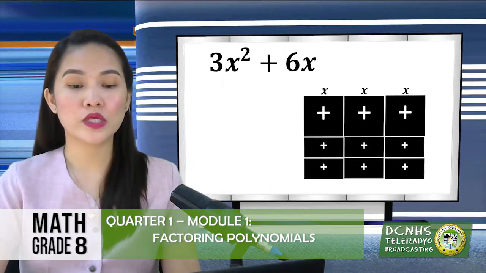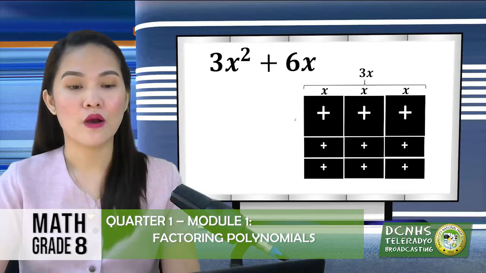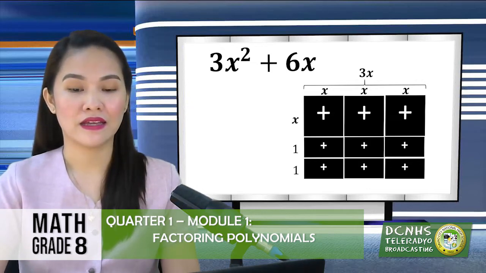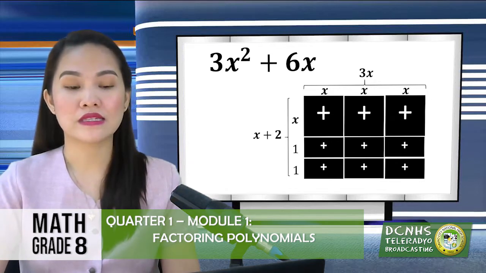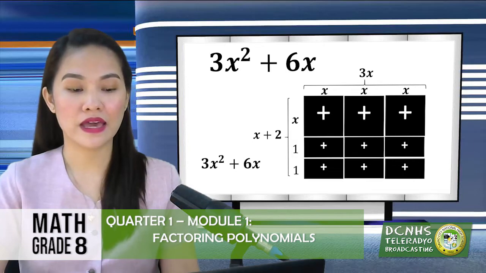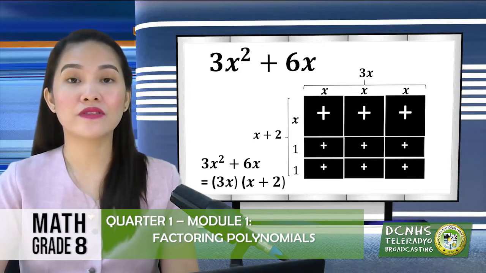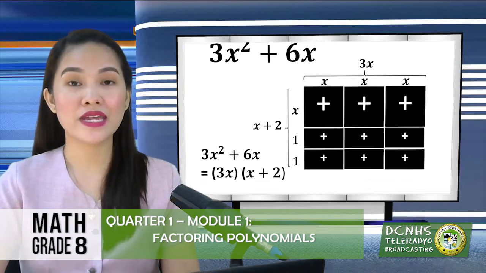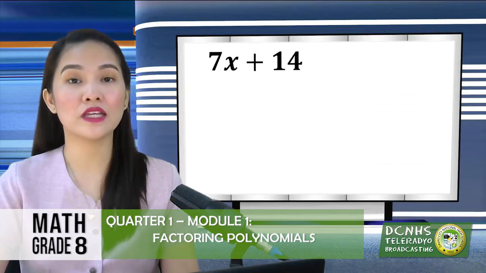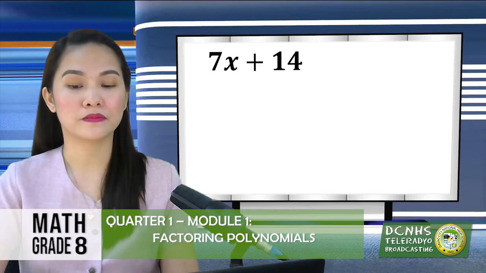The rectangle which was formed has a dimension of 3 x's, or 3x, and the other side has an x and 2 ones, or x plus 2. Hence, the factors of 3x squared plus 6x are 3x times the quantity x plus 2.